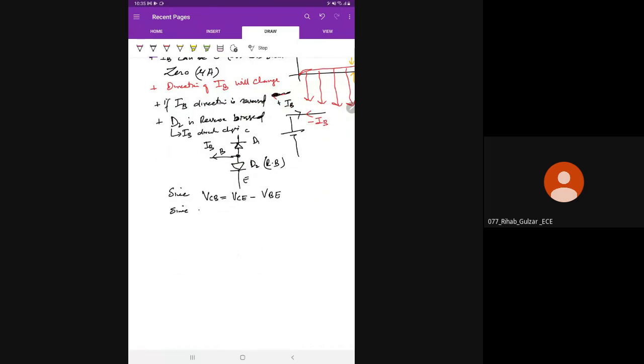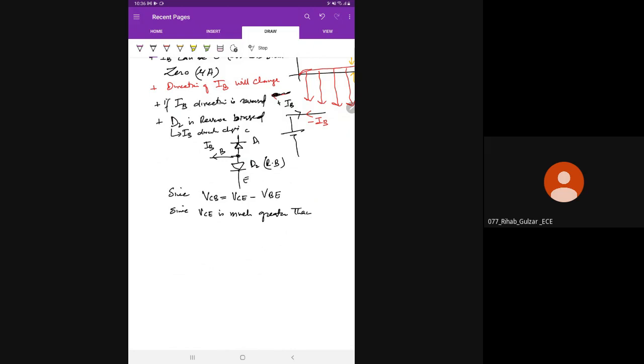Since VCE is not 0, generally it is much greater than 0. I also told you the magnitude of VCE normally. Normally it is of the order of 9 volts because it is the collector to base potential. तो ये जनरली होता है 12 वोल्ट्स भी होता है, कभी कभार ये 9 भी होता है, कभी 10 भी होता है. So it is not 0.